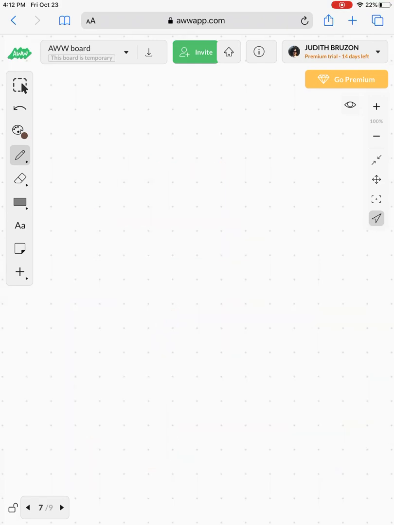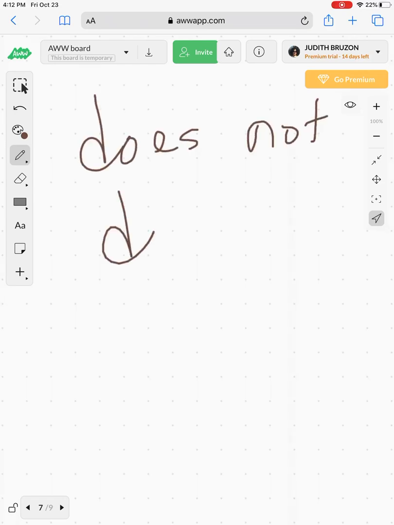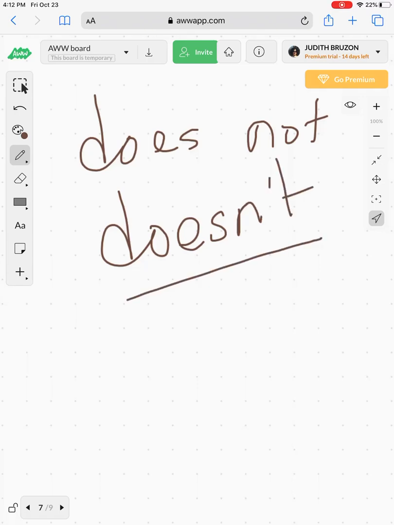Okay? And if I am going to go ahead and make a contraction with that, then I am going to say doesn't. Okay? So remember that a contraction is made out of two words clashing together. Okay? So very good.